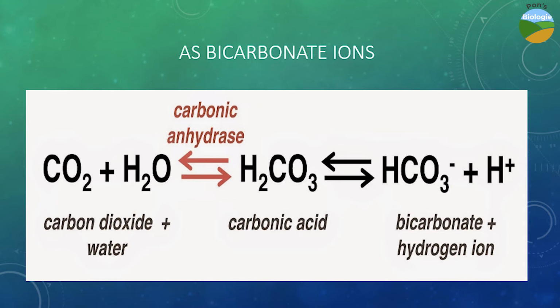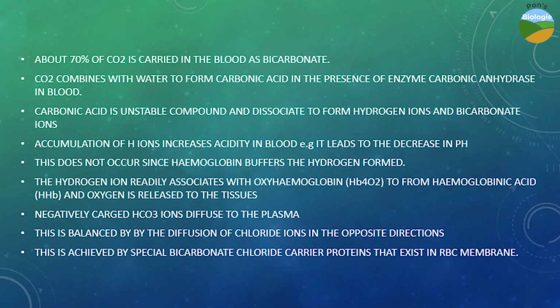Only a small portion of oxygen also gets dissolved in blood plasma, about 1.5%. The ability of the hemoglobin to bind with oxygen is the oxygen carrying capacity. Oxygen carrying capacity of blood is directly proportional to the partial pressure of oxygen.